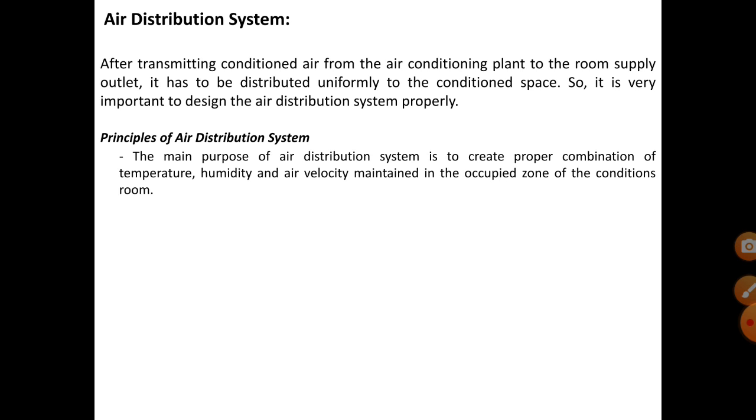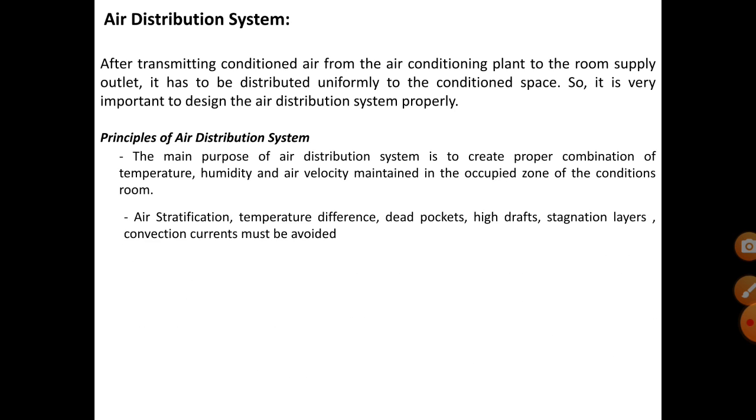Whatever temperature, humidity, and air velocity is needed in that room has to be maintained when you are distributing the air. It should not be that at some part of the room, or at some level from the datum, the temperature is different, the humidity is different, or the velocities get disturbed. That should not happen.